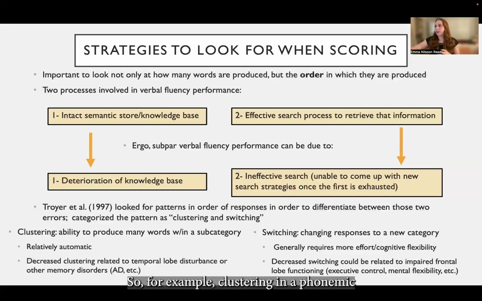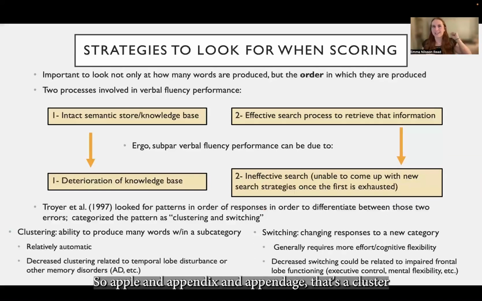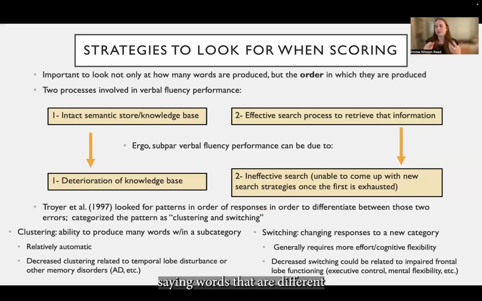For example, clustering in a phonemic group might be saying a lot of words with the same first two letters. So apple and appendix and appendage, that's a cluster. Saying words that are different by only a vowel sound, like shirt and short, or homonyms like pear the fruit and pair too.